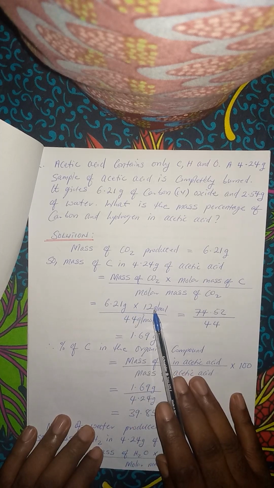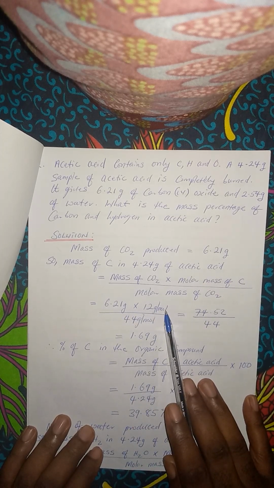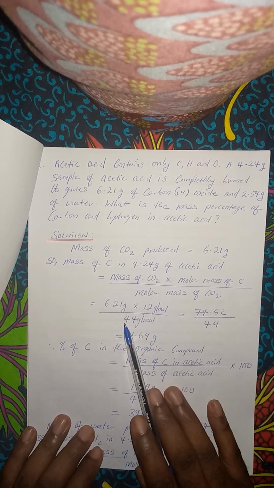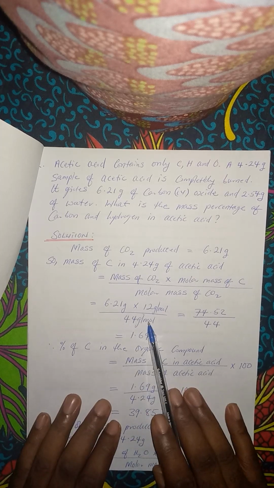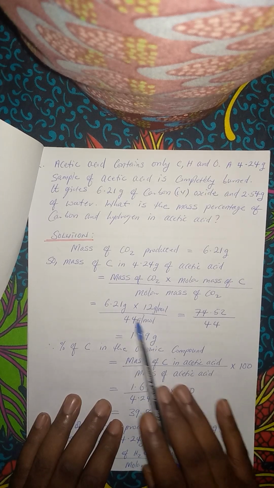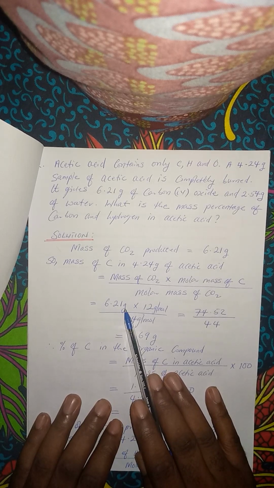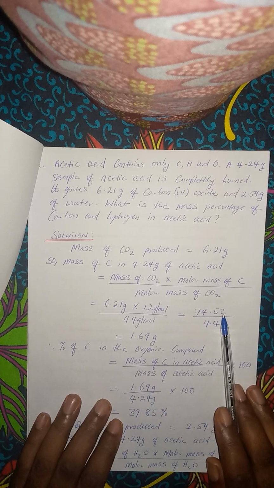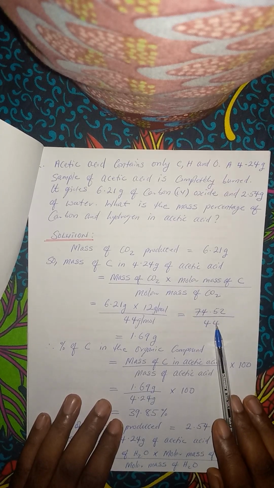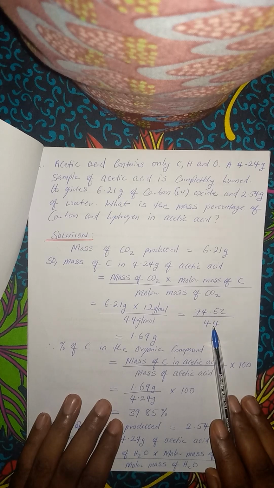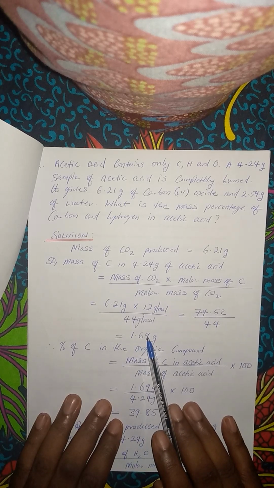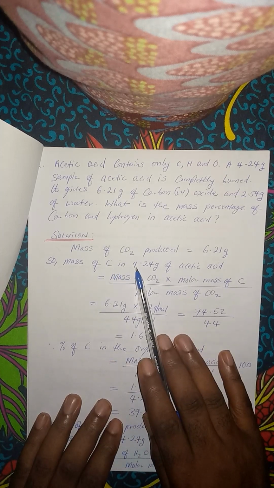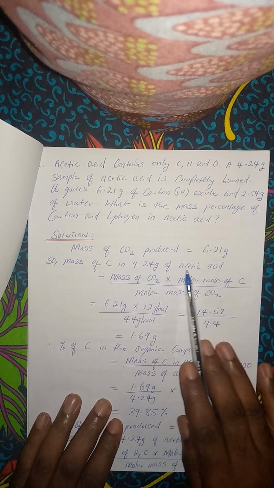Then times molar mass of carbon, which is 12 grams per mole. Then divided by molar mass of carbon dioxide, which is 44 grams per mole. So you now multiply 6.21 grams by 12. That gives you 74.52. Then divided by 44. Then on doing that, we now have 1.69 grams, which is the mass of carbon in 4.24 grams of acetic acid.